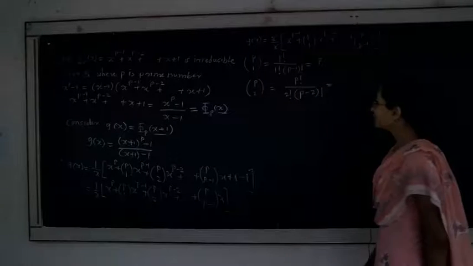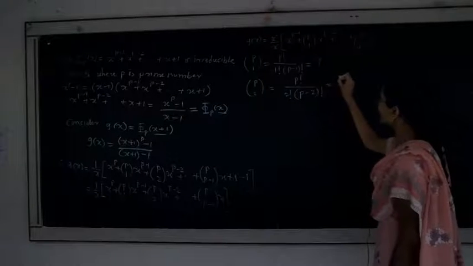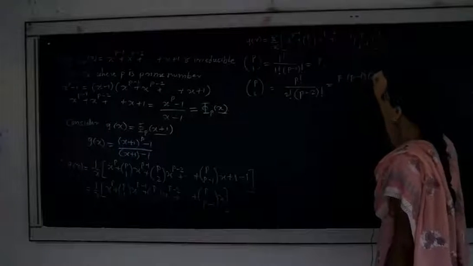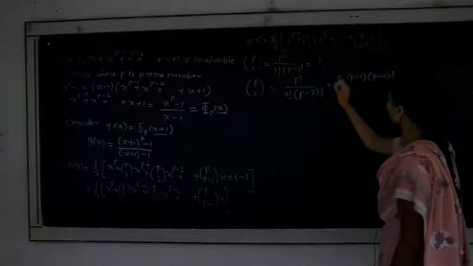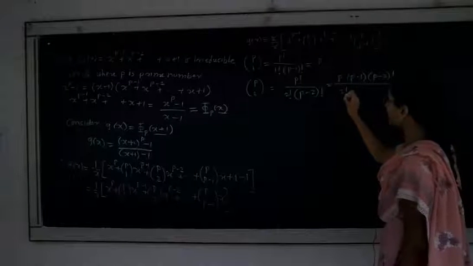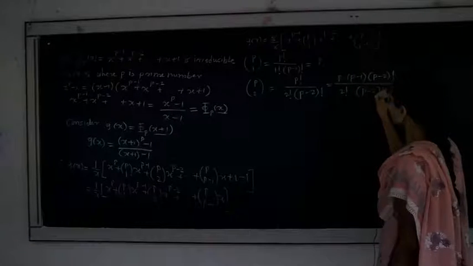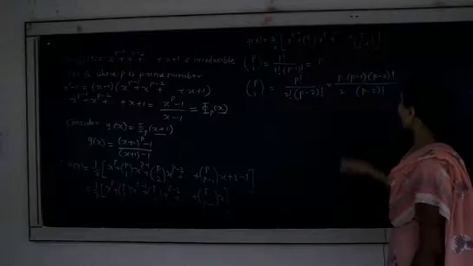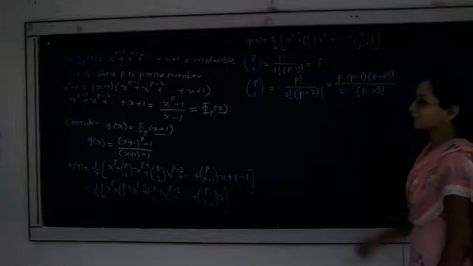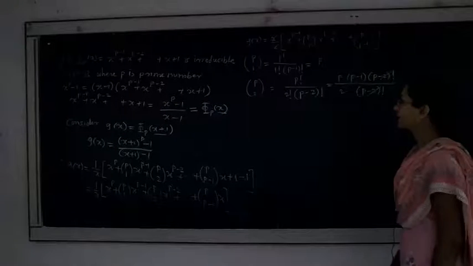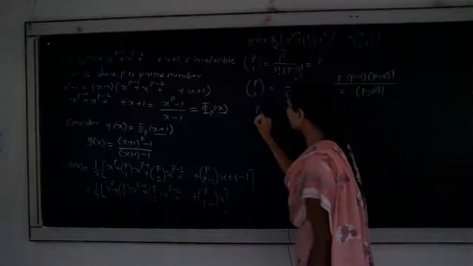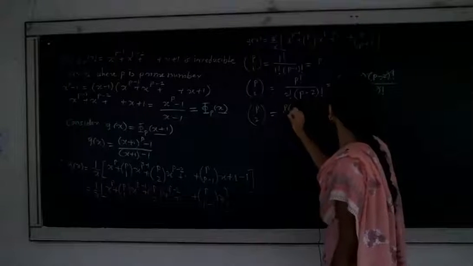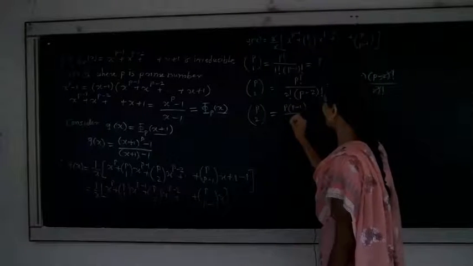We can write this p factorial as p into p minus 1 into p minus 2 factorial, divided by 2 factorial into p minus 2 factorial. The value of 2 factorial is 2. Now cancel this p minus 2 factorial from the p minus 2 factorial. Therefore the value of p choose 2 is equal to p into p minus 1 upon 2.